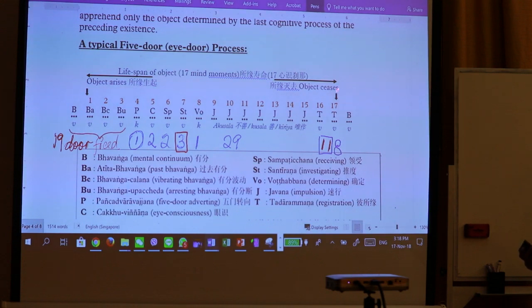Okay? But anyway, the Tadaramana moment is also a resultant mind, but not wholesome or unwholesome. But for that 11 types of registration mind, if we want to understand clearly, maybe brother JJ gave them the last time we explained the Javana chapter, how many causes there are to arise registration mind, how many causes they have, the rule.